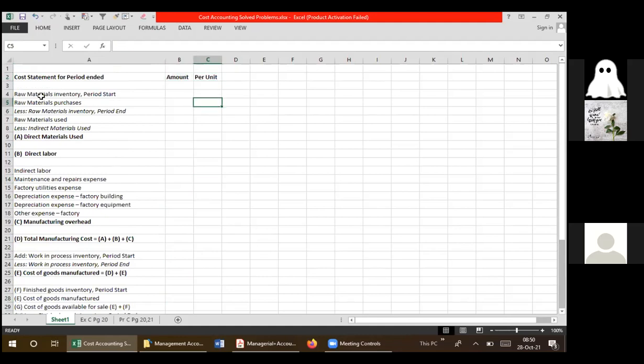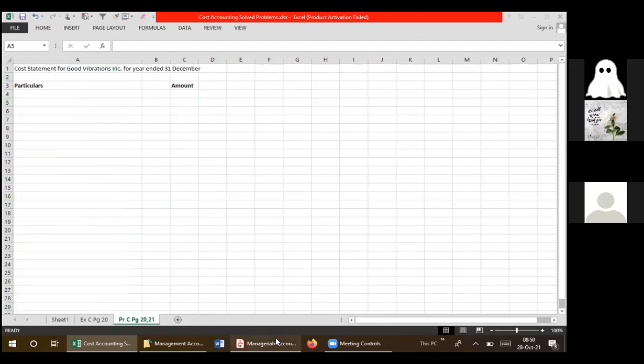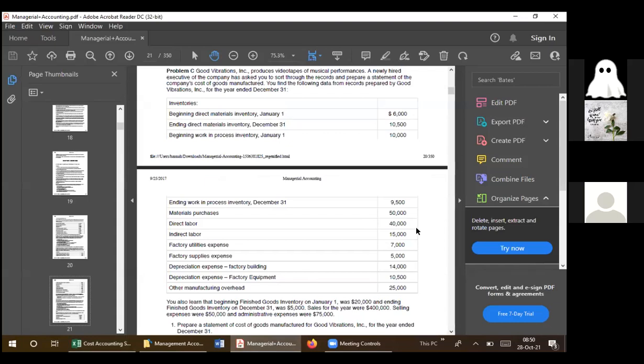It starts with raw materials inventory, period start. So at the start of the period, what is our raw material inventory? We have to find that first. Going back to our problem: beginning direct material inventory, or raw material. Direct material is the same thing.